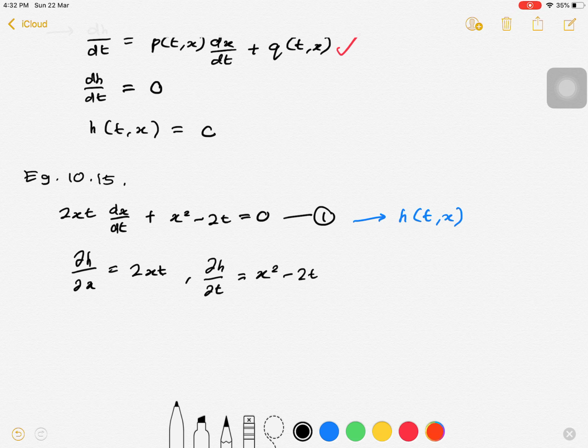Now we can integrate these with respect to x and t respectively. When we integrate this, h(t, x) is equal to x square t plus c. And when we integrate the other one, we get h(t, x) equal to x square t minus t square plus c.